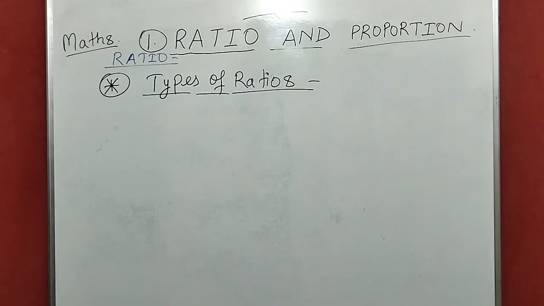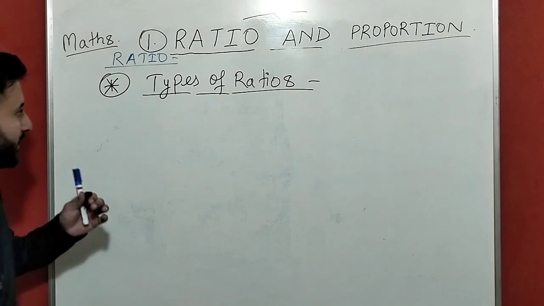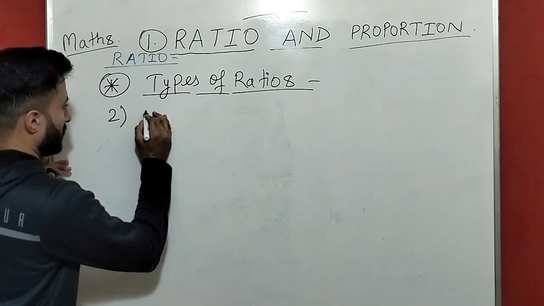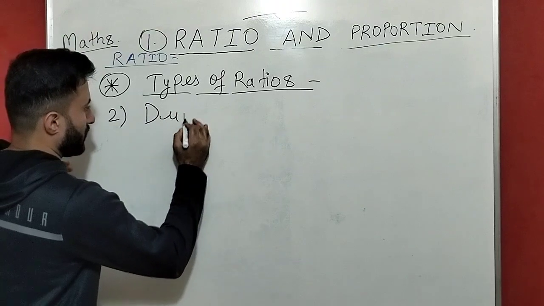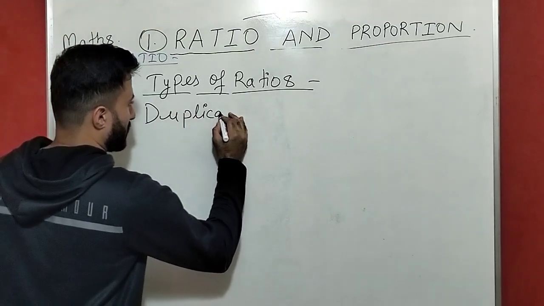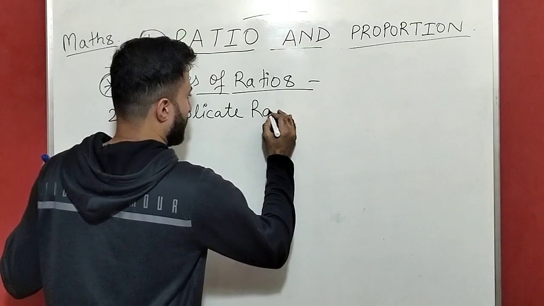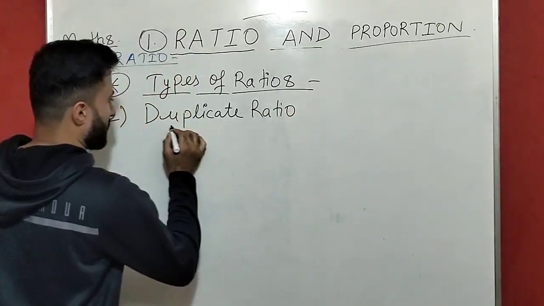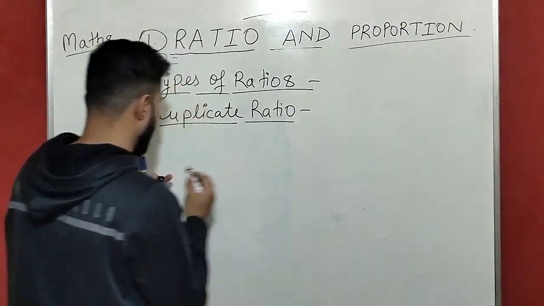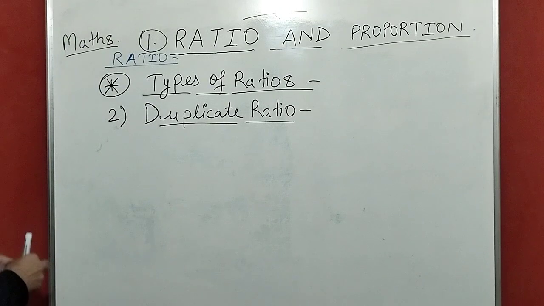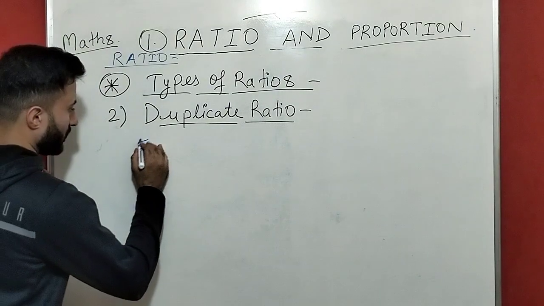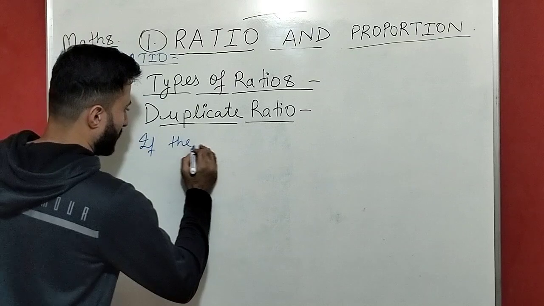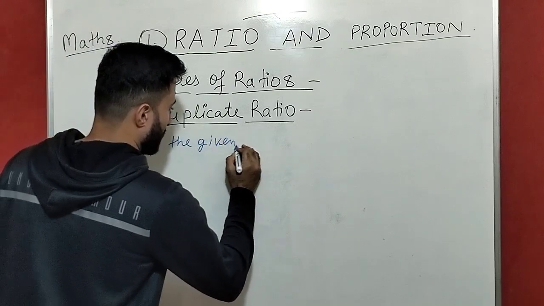The first type was the compounded ratio. Now next is the duplicate ratio.